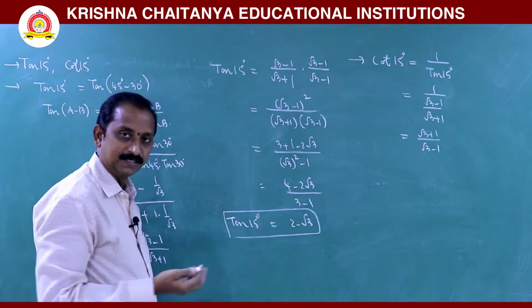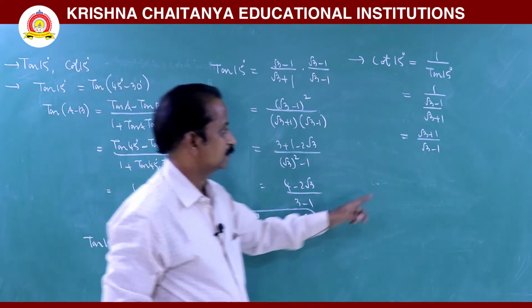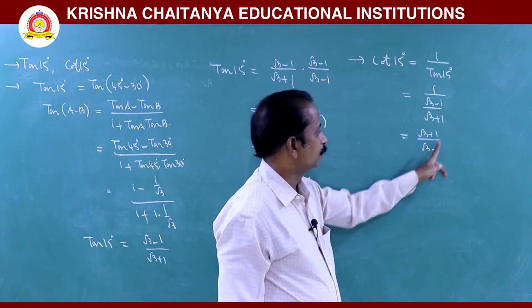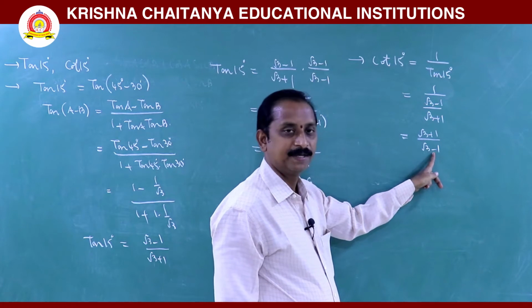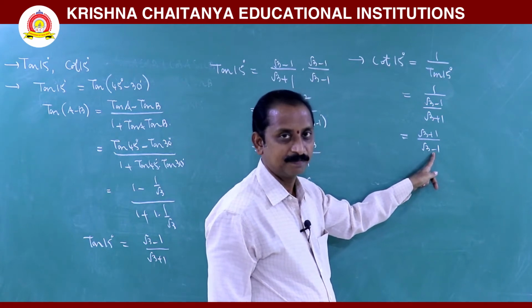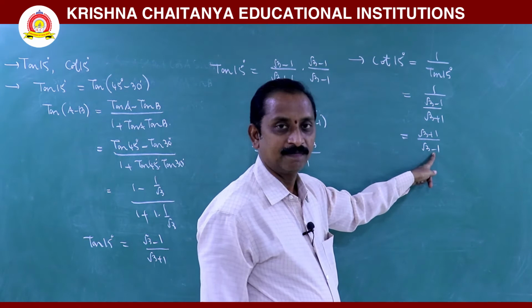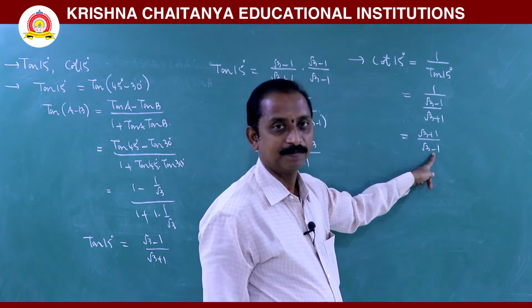We can write this in a simpler manner also. Simple way means both numerator and denominator we multiply by the conjugate of root 3 minus 1, which is nothing but root 3 plus 1.